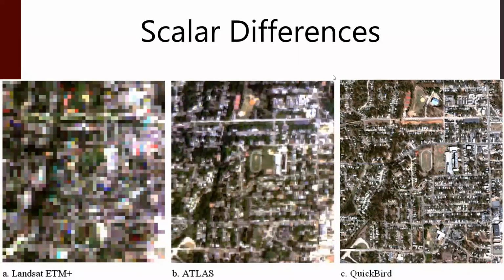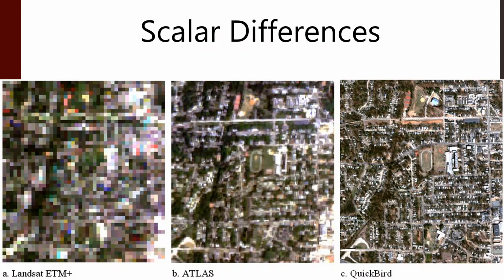And this difference in scale then makes a difference in how and what we can see. So here's 3 different remote sensing platforms. That term again, remote sensing platforms, satellites that are taking measurements, collecting images of the landscape. And these 3 satellites do that at different scales.